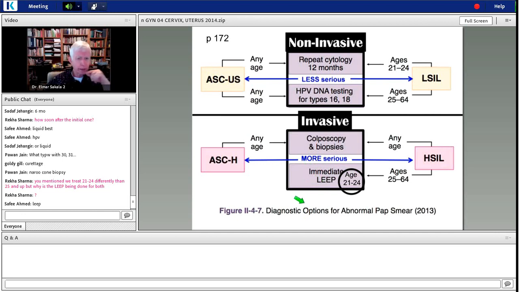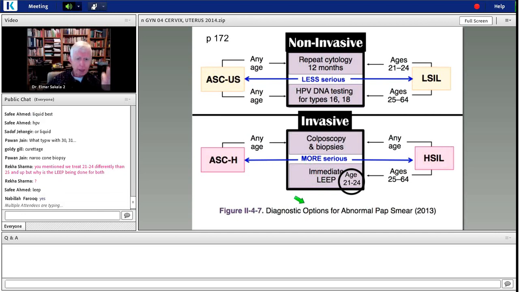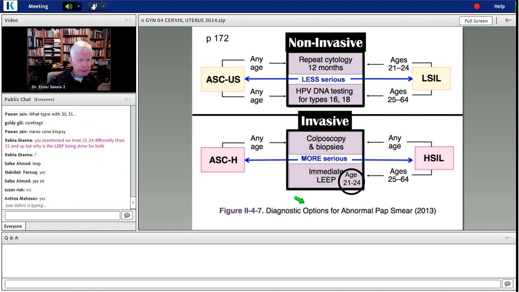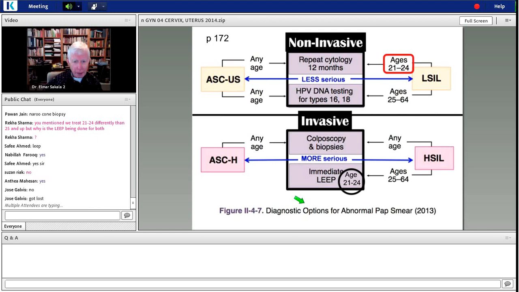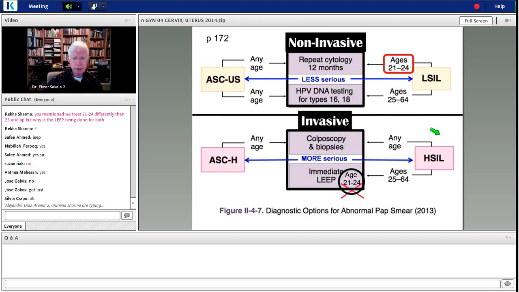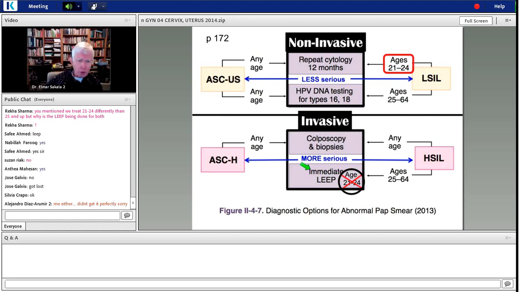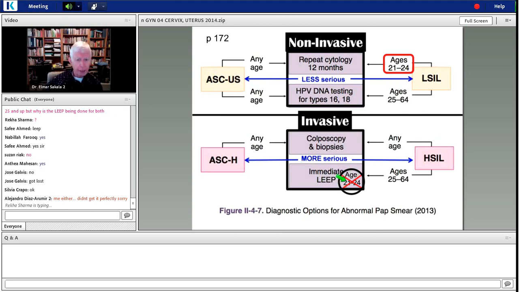Are you with me on that? Spend some time working through this, because this is going to be so helpful on the exam. Age 21 to 24, we're going to do the cytology and not the HPV DNA testing. If she is 21 to 24, we will not do a LEEP. So I've got the cross through here. Are you with me on that?